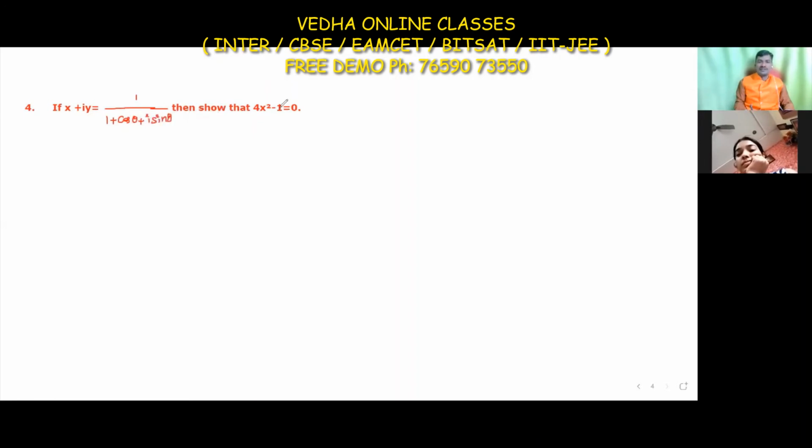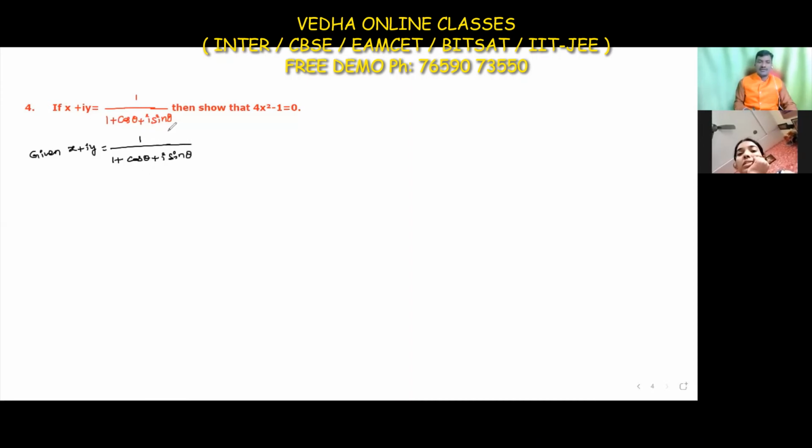Then show that 4x square minus 1 equals 0. What is given here? Given x plus iy is equal to 1 divided by 1 plus cos theta plus i sin theta.